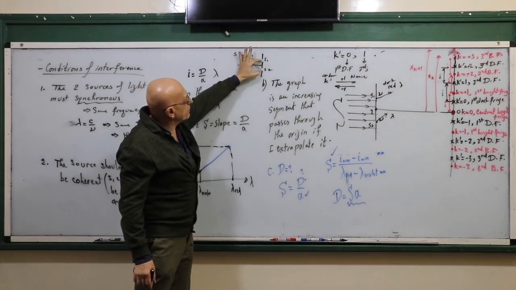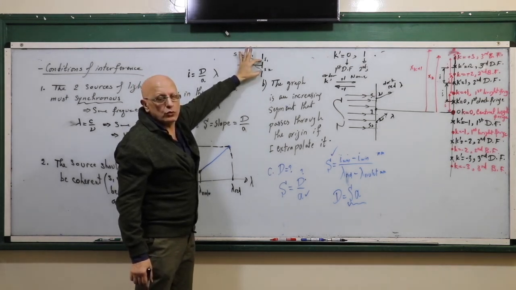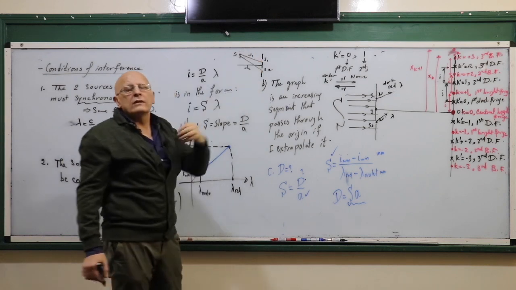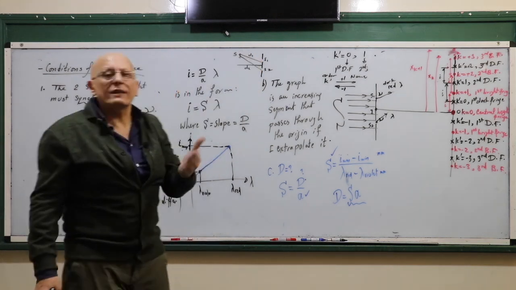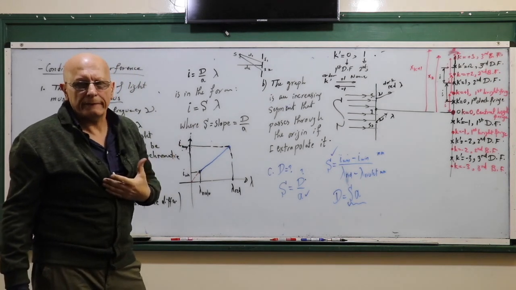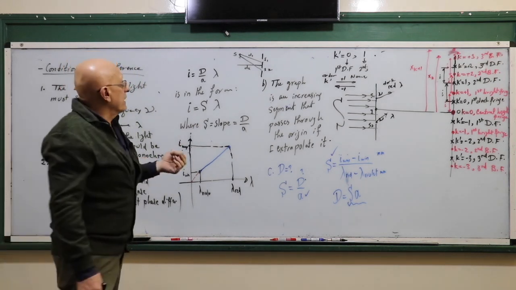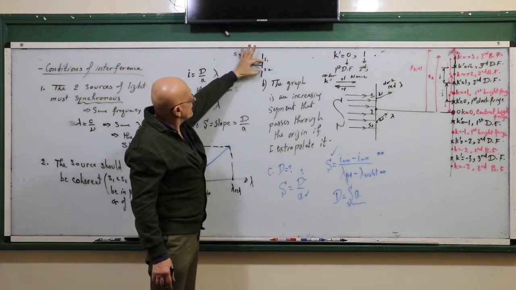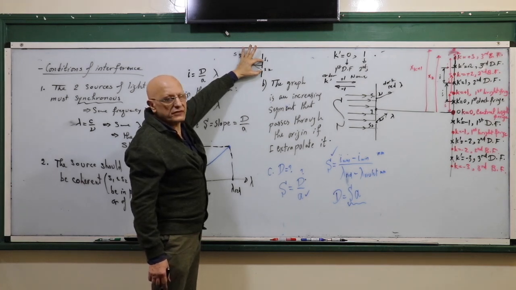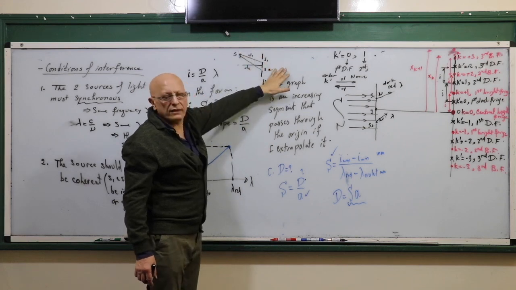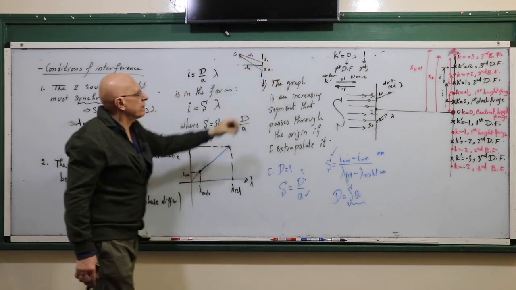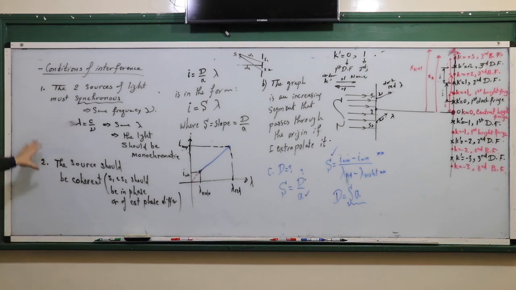So there is here a possibility for the light leaving S1 and S2 not to be in phase. Okay? If the phase difference of the light here at S1 and S2 is equal to a constant, then they will interfere. Okay?